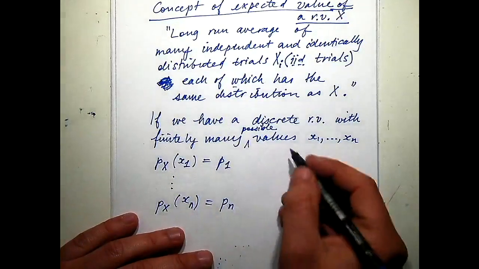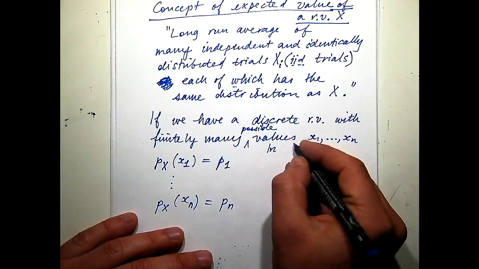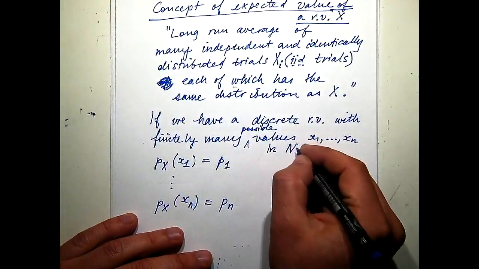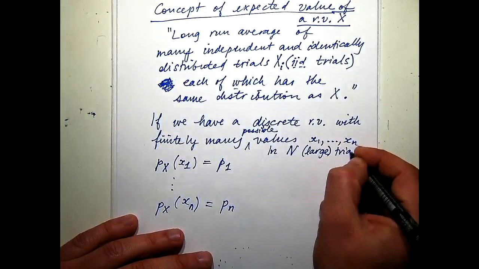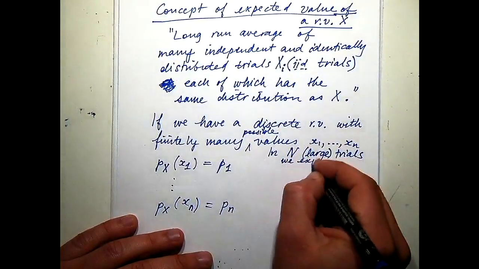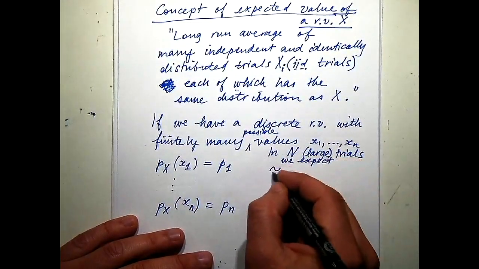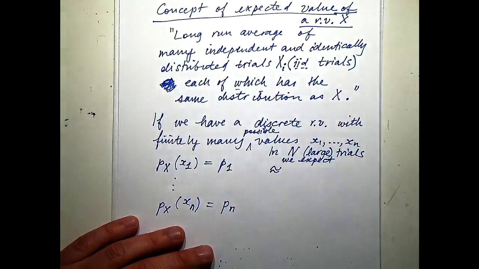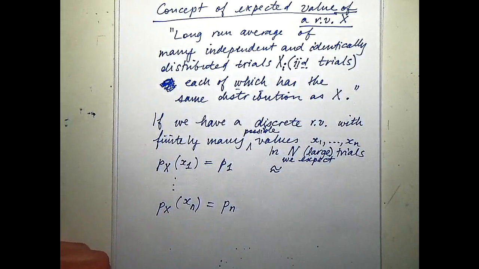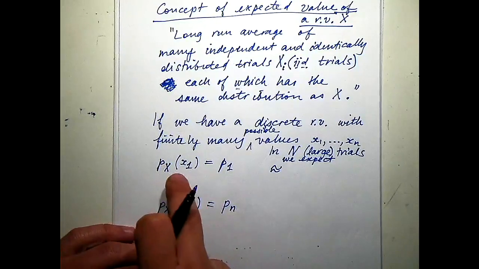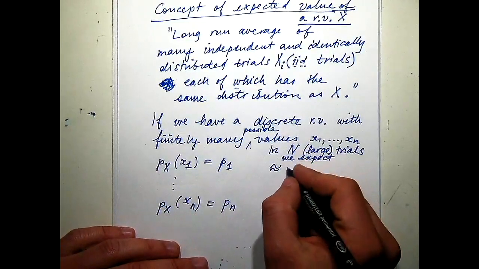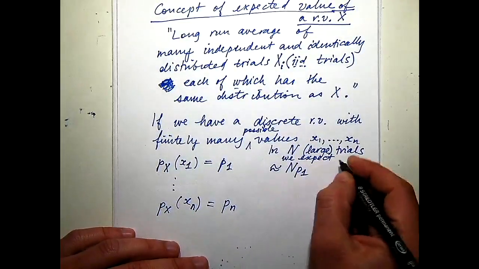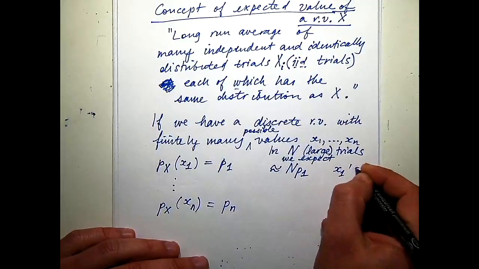In capital N trials, which should be a large number of trials, we expect approximately, through what we talked about at the start, the long-run proportion of the trials in which you get this specific value, that long-run proportion is p1. So we expect approximately Np1 x1s. Does that make sense?